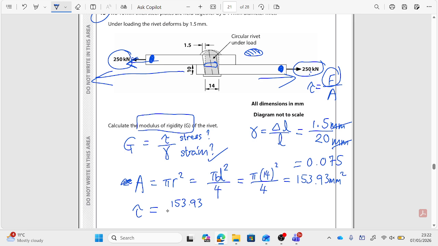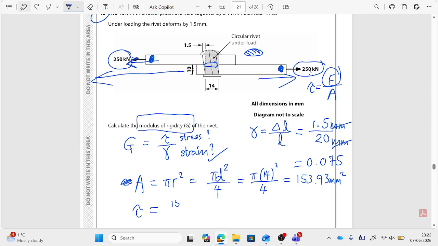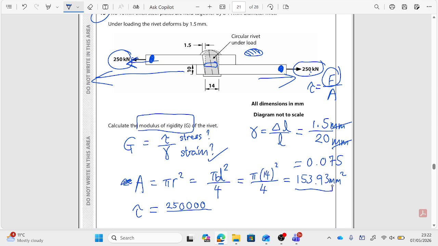So tau, which is the shear stress, is force, so it's 250,000 Newton, divided by the area. Now be careful here, we need to convert the millimeters squared into meters squared. I think I've done enough now, hopefully you should be an expert in this. It's not to divide by 1,000, it's to divide by 1,000 squared.